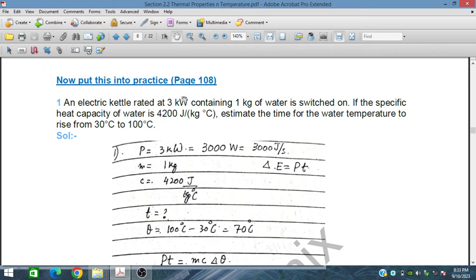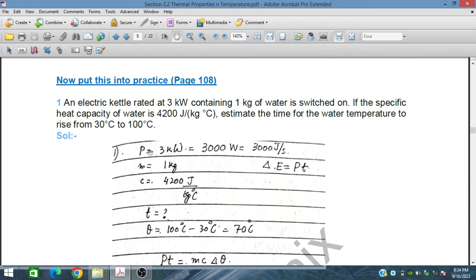So a 3 kilowatt electric kettle has 1 kilogram of water in it, and it is switched on. If the specific heat capacity of the water is 4200 joules per kilogram per Celsius, estimate the time for the water temperature to rise from 30 Celsius to 100 Celsius.